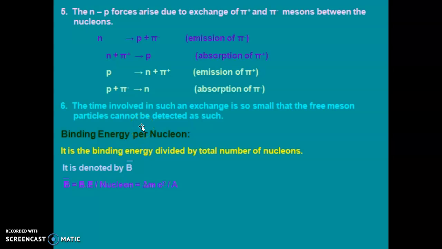The time involved in such exchange is so small that the free meson particle cannot be detected as such. So the time between these reactions is so short that it cannot be detected, but actually the main reason behind the nuclear forces is pi mesons.